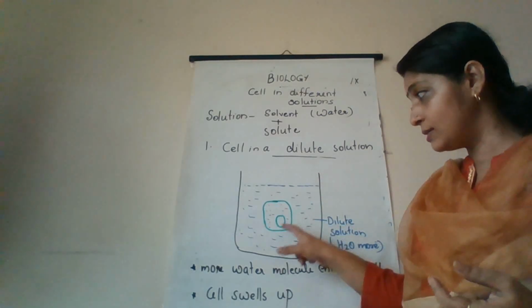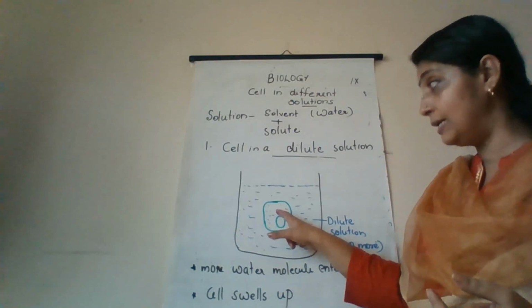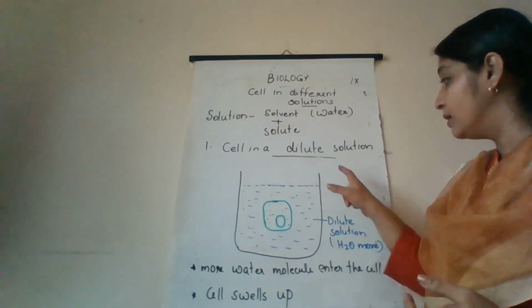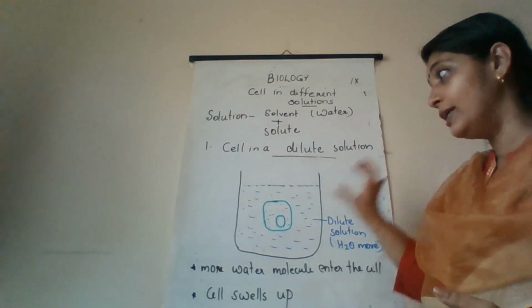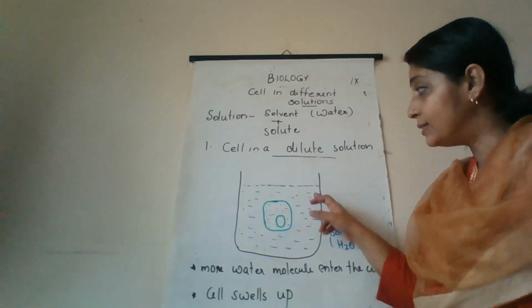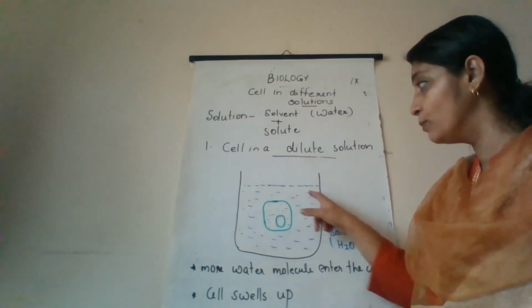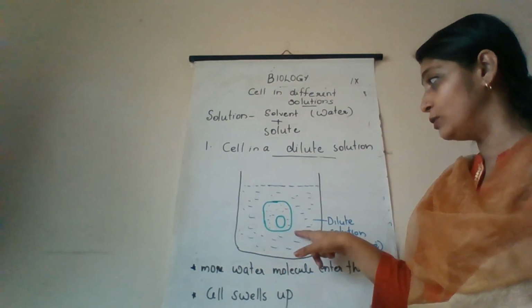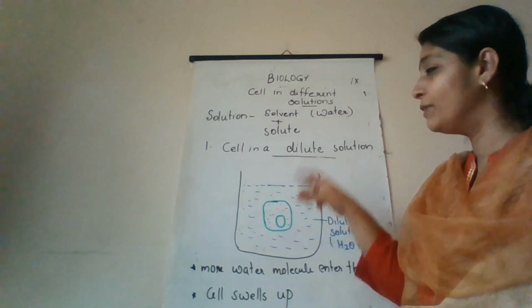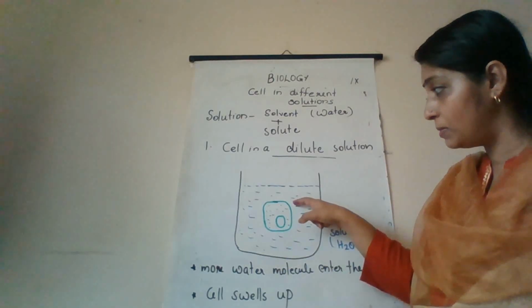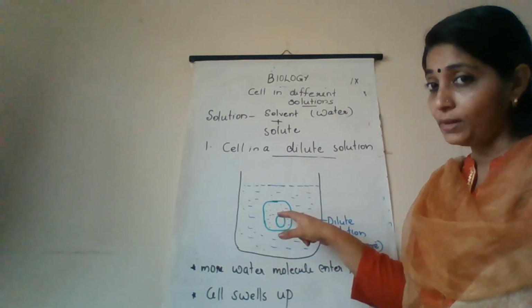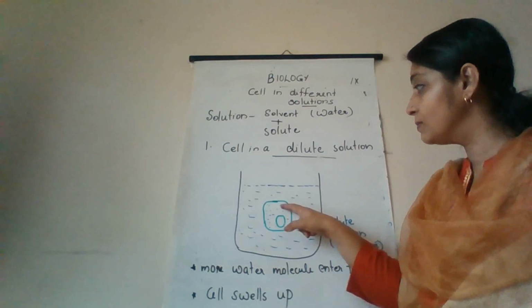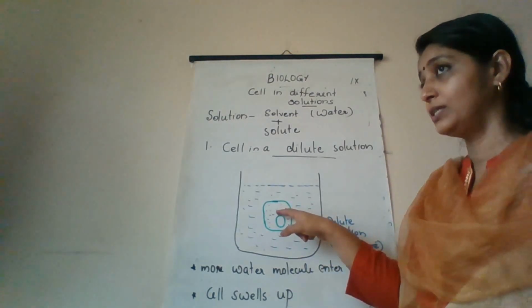So here this is a cell, and this cell is kept inside a very dilute solution, which will have more water molecules. You know, a cell has three basic components: plasma membrane, nucleus, and cytoplasm. And this cytoplasm is actually a solution.